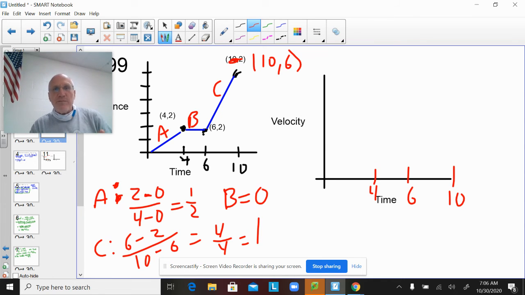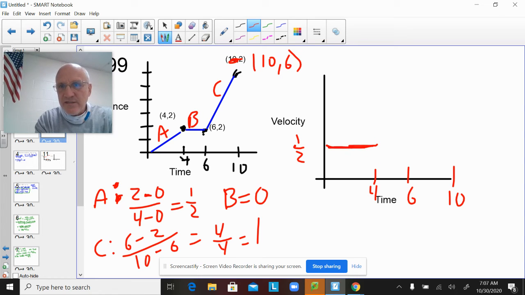So on the interval from 0 to 4, the slope is 1/2 for that entire interval. That means the y value of the velocity is going to be 1/2 for that entire interval. I'm going to draw a line like this, label it 1/2. There's my velocity function. My velocity is constant.